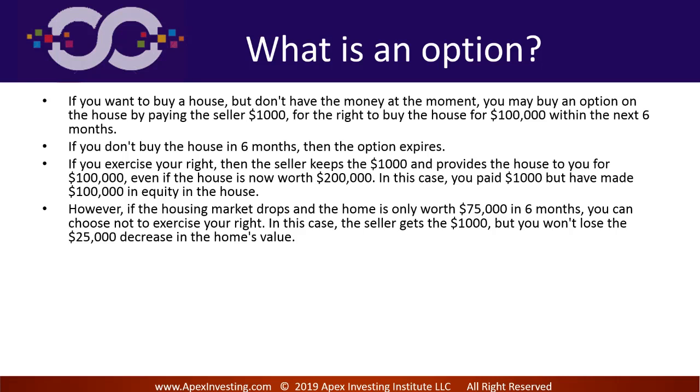I can rebuild later if I want to. And it so happens that there was a massive fire. It burned down all the houses around the lake, and obviously I chose not to exercise my right on that option. And so instead of paying $100,000 or $200,000 for that house, I was out $1,000 and I just walked away. And that's what an option contract allows you to do.